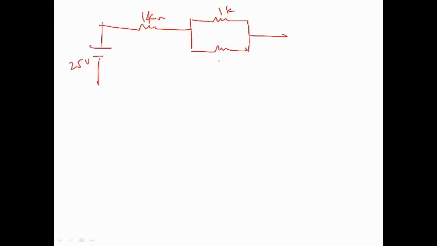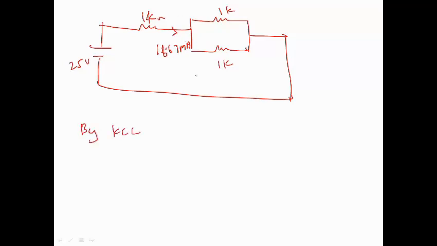All are 1K. I have 16.67 milliampere current flowing here, so this is my I1. By KCL, this is I1, this is I2, and this is I3. If you apply KCL at this node, I1 is equal to I2 plus I3.